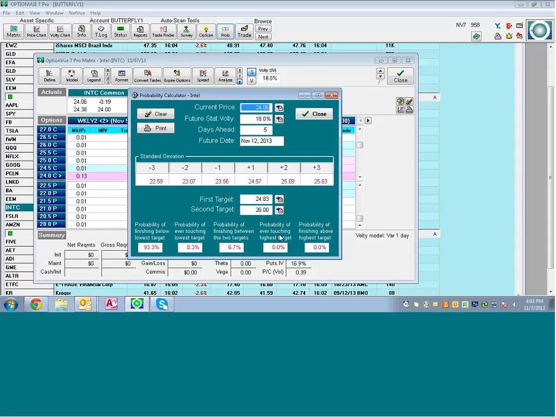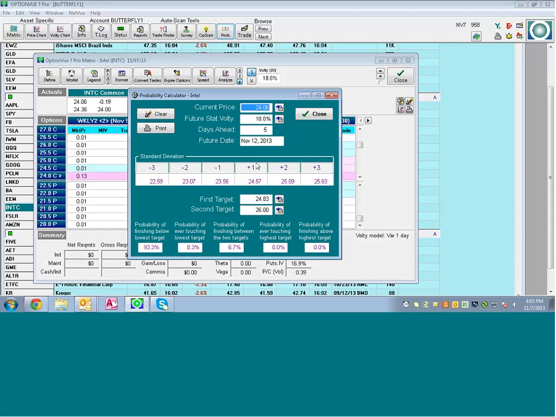The probability of ever touching the highest target of 26, the probability of finishing above 26, 0%, or it's so minimal that it just says 0. So this is a very good way to come in here and gauge whether your prediction for stock price movement is a fair prediction. Is it realistic?